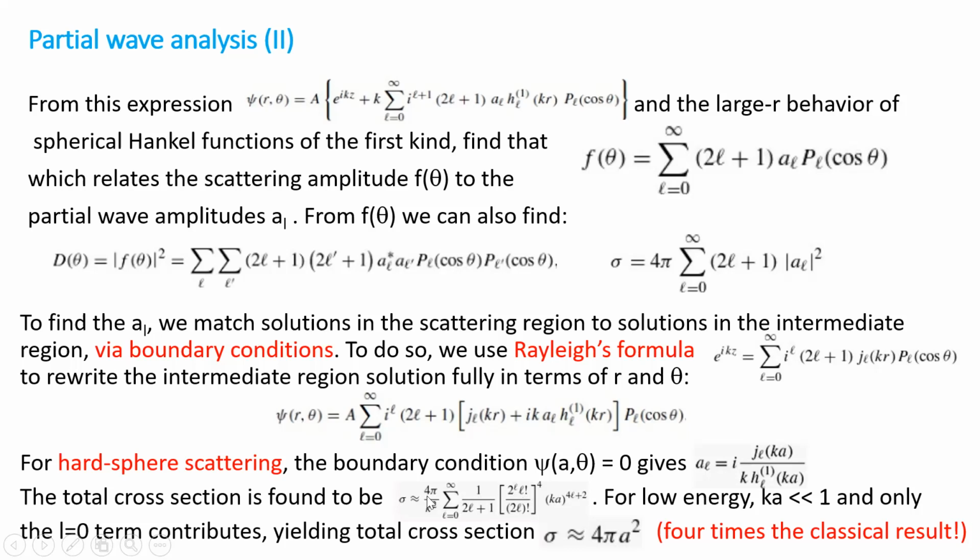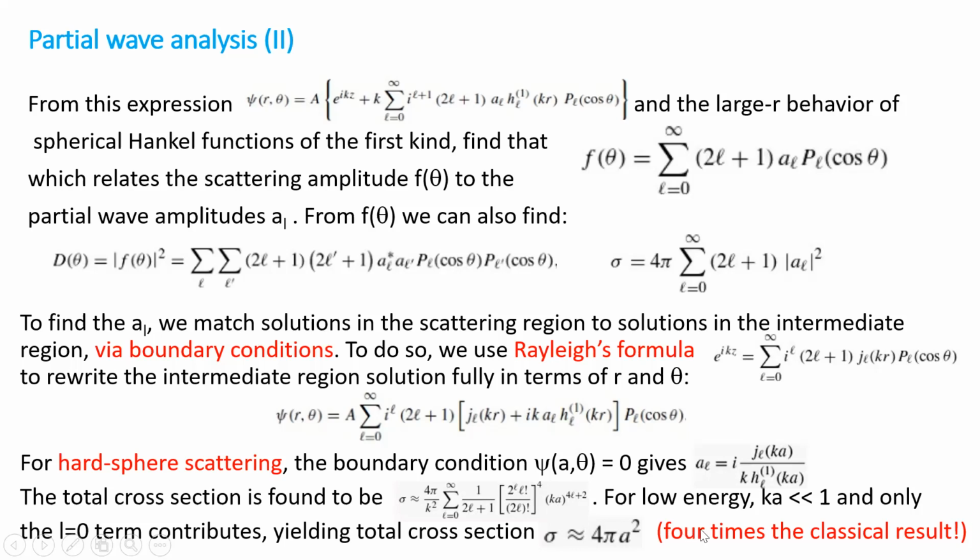So we have basically 4 pi over K squared times K squared A squared, or 4 pi, the K squareds cancel, we get 4 pi A squared. So the total cross section here for low energy scattering is 4 pi A squared.